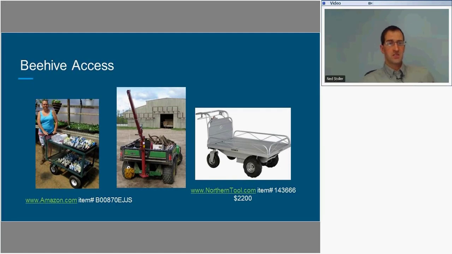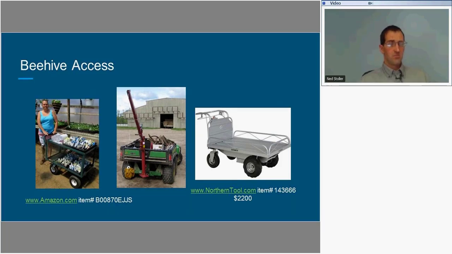So if someone has the ability to walk and they feel better walking than riding, this is an option to get across rough terrain, and it can carry hives, it can carry supplies, all sorts of things. You can see the utility vehicle with the crane in the middle for hauling items.